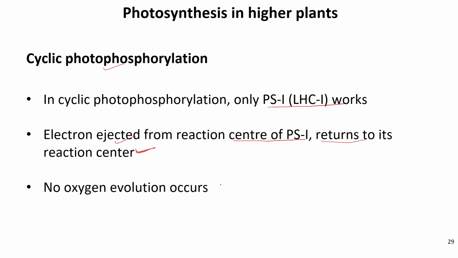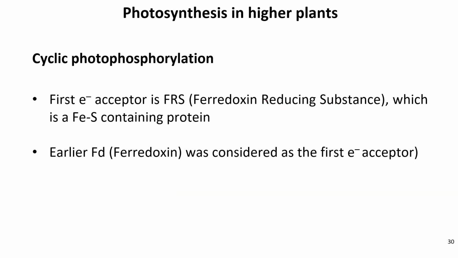There is no oxygen evolution here, because oxygen evolution takes place at photosystem 2, and here only photosystem 1 is involved. The first electron acceptor in cyclic photophosphorylation is FRS, ferredoxin reducing substance, which is an iron sulfur containing protein.